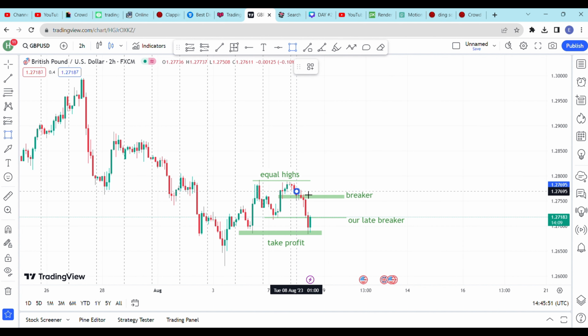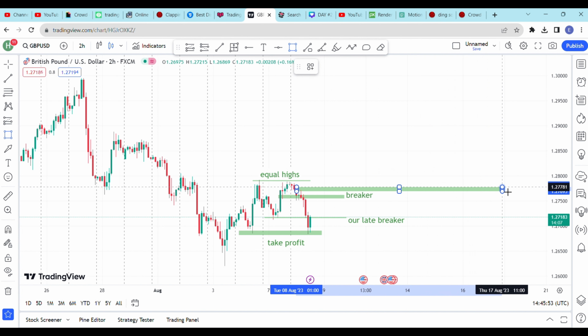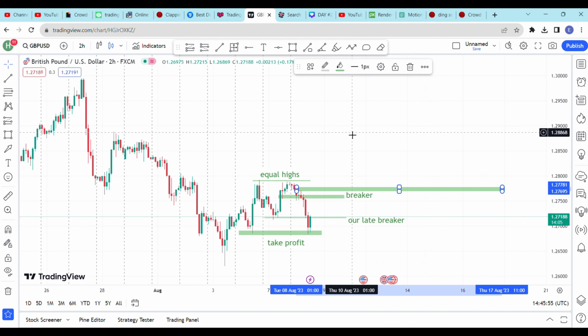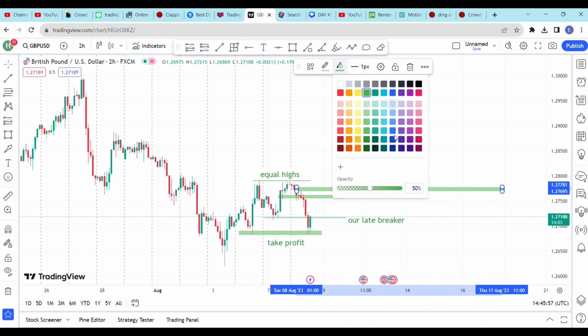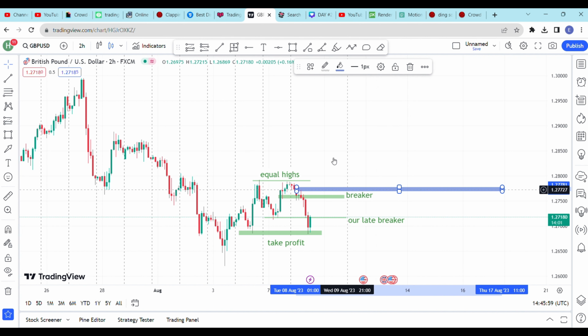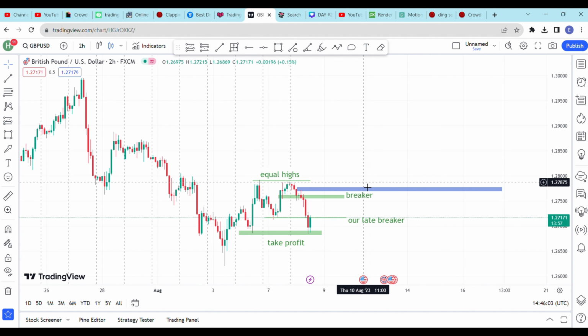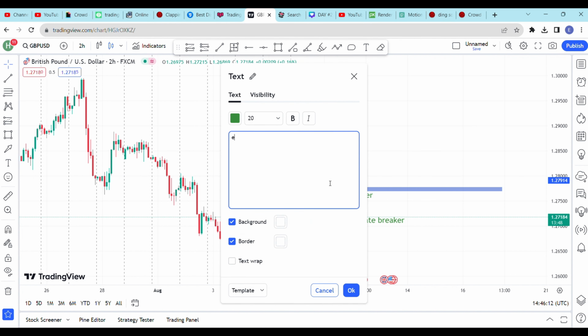And when a breaker happens, we look for an entry area, and an entry area can be given by so many things. We have an order block, or we have a fair value gap. In most cases order blocks happen and price is going to be blocked from going up, so it can go down. And a fair value gap, you do know it is the rapid move made by a market price.